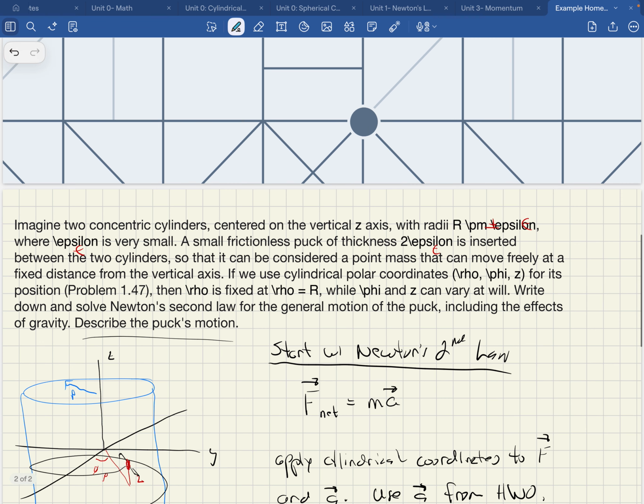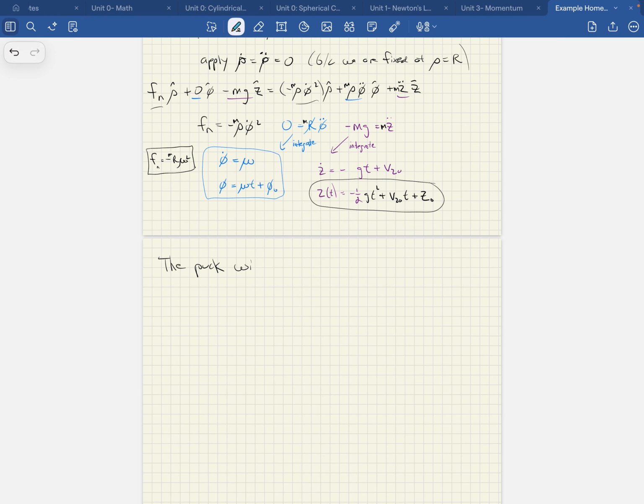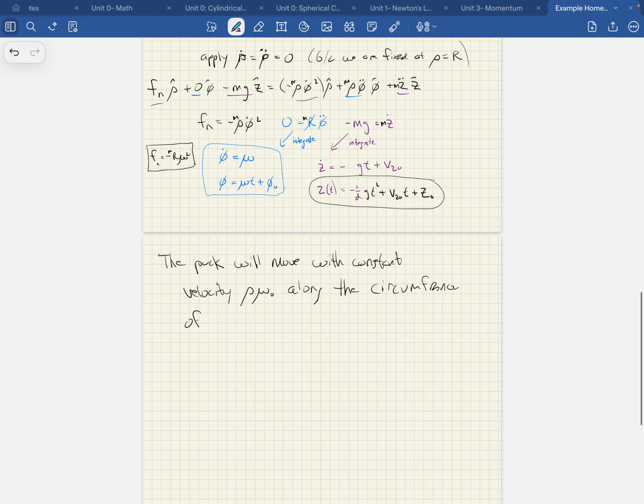So let's see. The puck will move with constant velocity rho omega along the circumference of the cylinder.